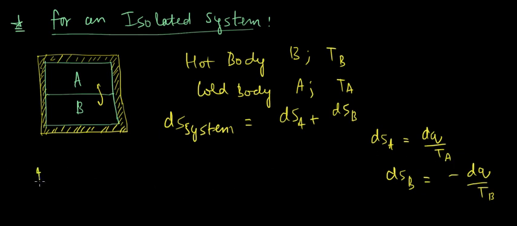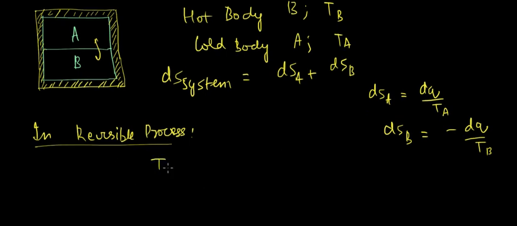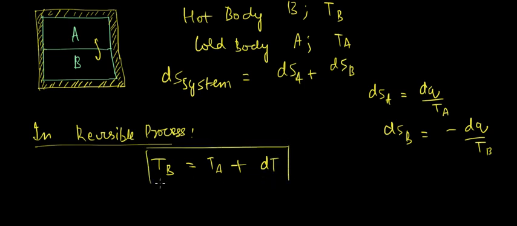Okay, so in a reversible process we can write that temperature of B would be equal to temperature of A plus dT, which is at any point of time before the equilibrium, where dT we are taking as negligible.